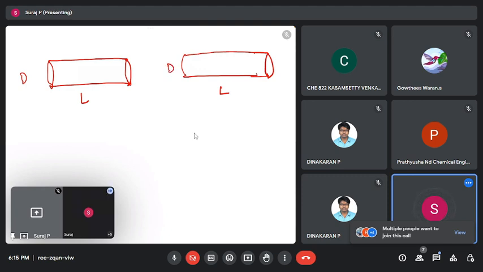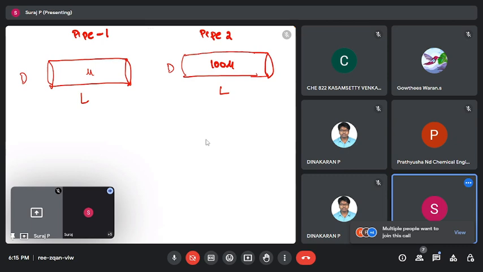But the only difference is here the viscosity of the flowing fluid is mu, and in case of the second pipe the viscosity is 100 mu. So this is pipe 1, this is pipe 2. Can you tell in which case the shear stress will be more?